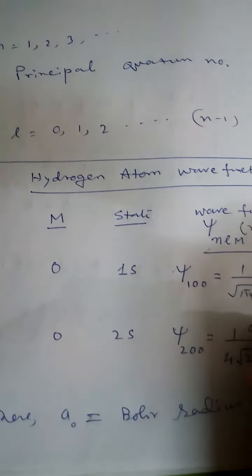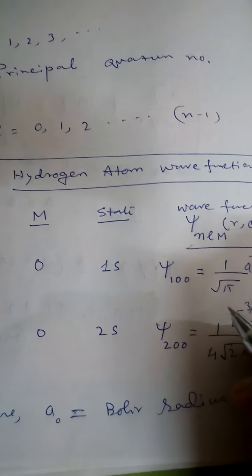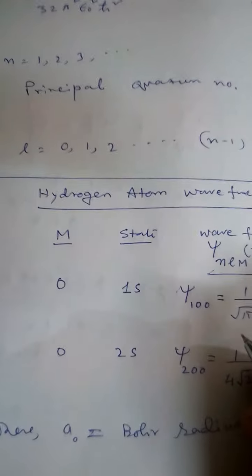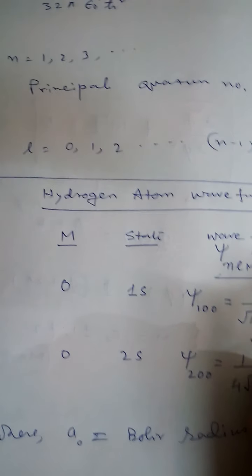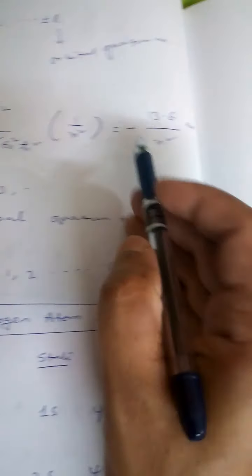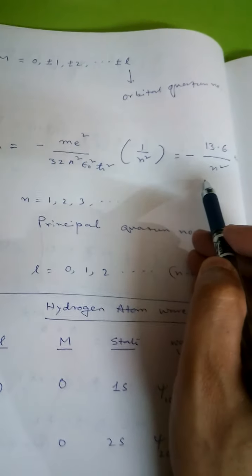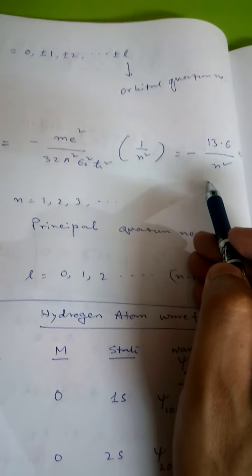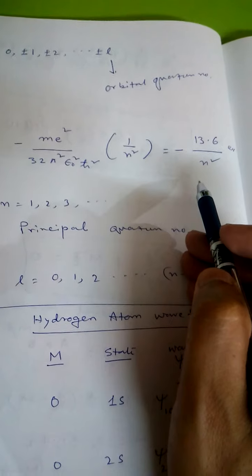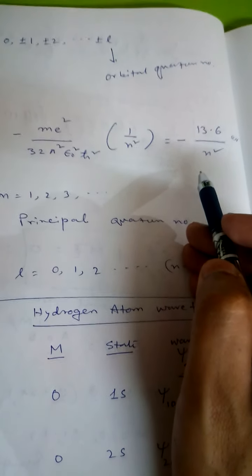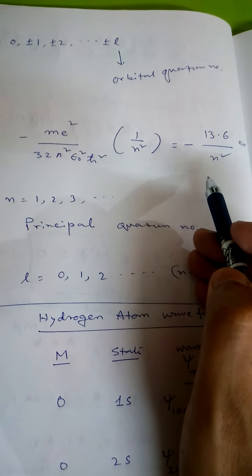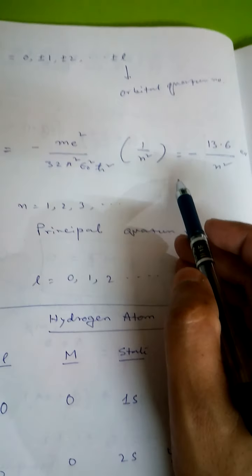The wave function depends on all three quantum numbers n, L and m, and the energy depends on n only. It is clear, energy depends on small n, the principal quantum number, only. So two or more wave functions may have the same energy eigenvalue.